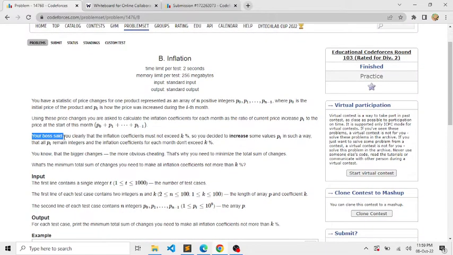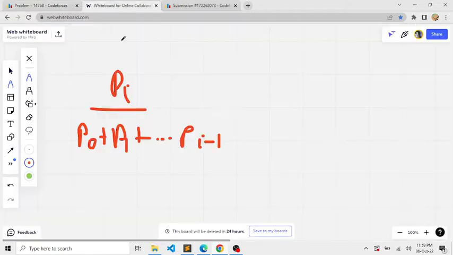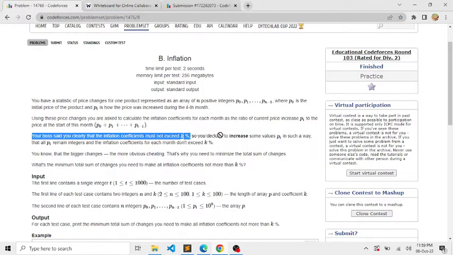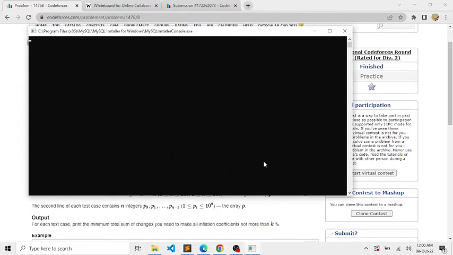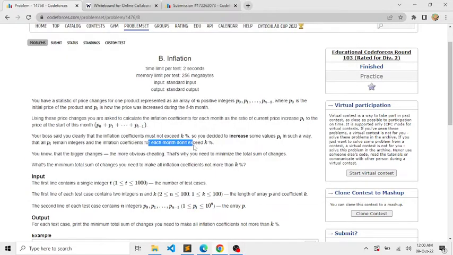Now your boss said clearly that the inflation coefficient must not exceed k%. So here they're saying that the inflation coefficient must not exceed k%, which basically means it must not exceed k divided by 100. So you decided to increase some values pi in such a way that all pi remain integers and the inflation coefficient for each month does not exceed k%.